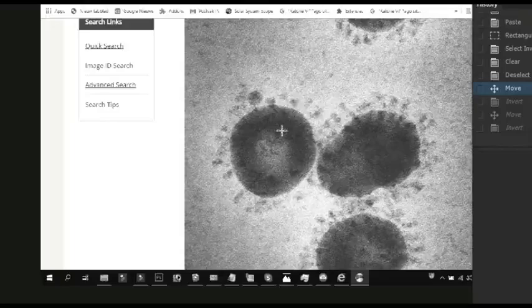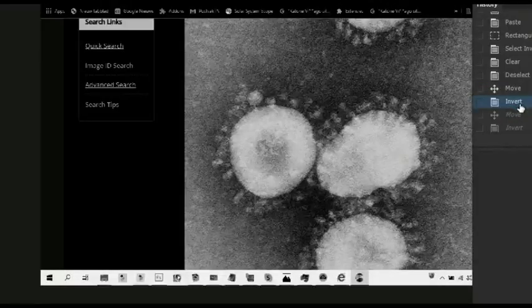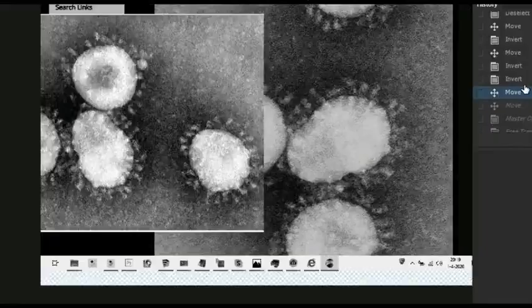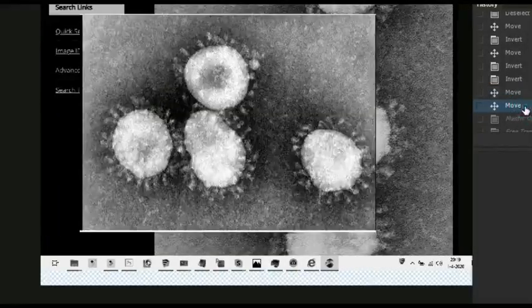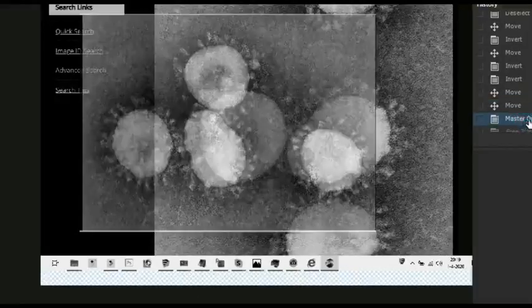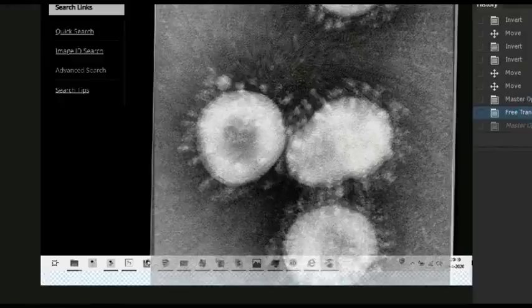This is the image from the CDC 1975, and here I made it black and white and inverted the colors, and here is the Wikipedia image. I make it a little bit transparent and scale it down.